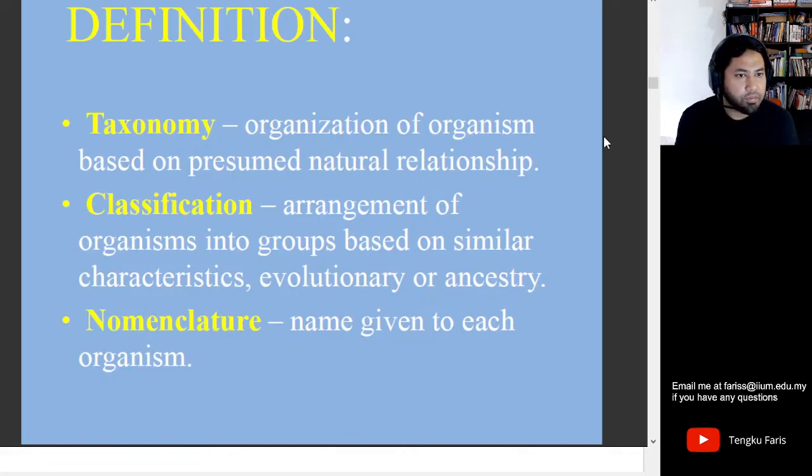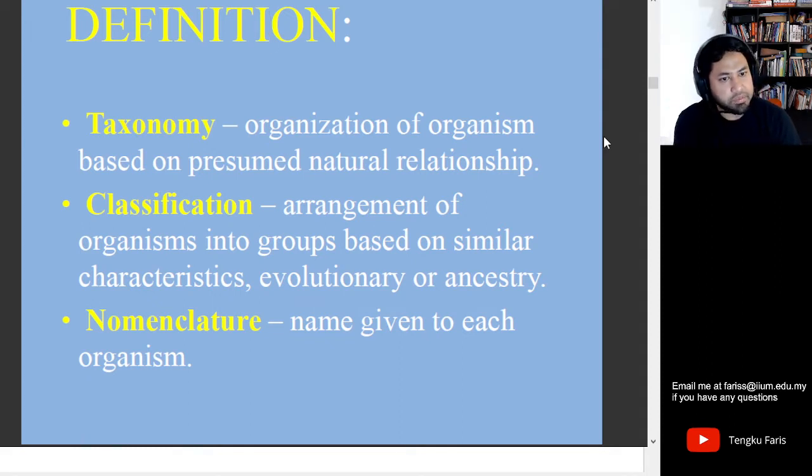For the taxonomy, it is the organization of organisms based on presumed natural relationships. Taxonomy means how you name them, detect them or classify them based on the organization of the organism itself in nature.